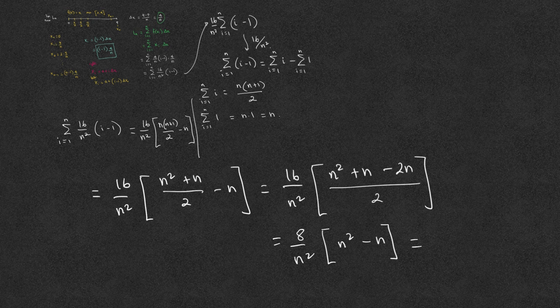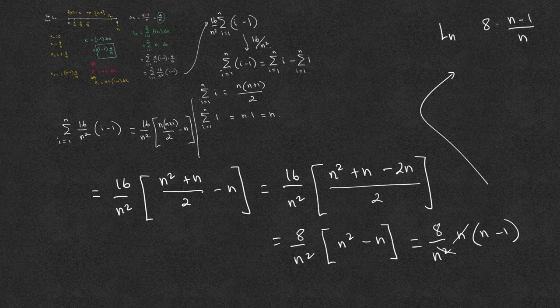We can then factor out n inside the bracket to get n times n minus 1. And the n and one factor of n in the denominator cancel out, so we end up with 8 times n minus 1 over n. And this is the left sum L sub n.